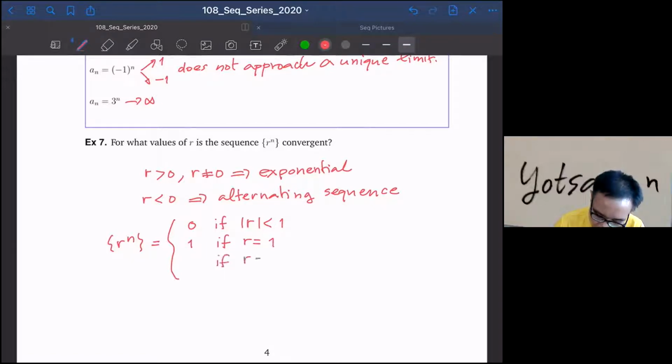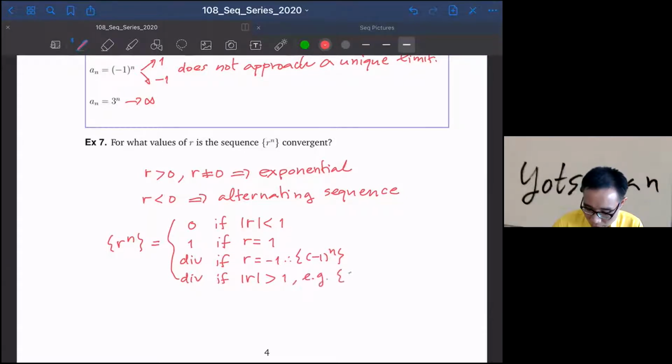If you have r equal to negative 1, it's going to be divergent, so it's going to be negative 1 to the n. And if you have absolute value of r more than 1, it's going to turn out to be divergent, something like negative 2 to the n, negative pi to the n, like this.